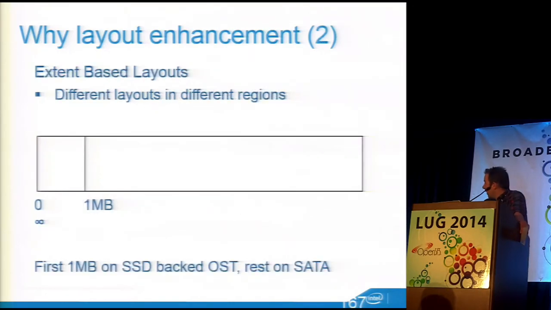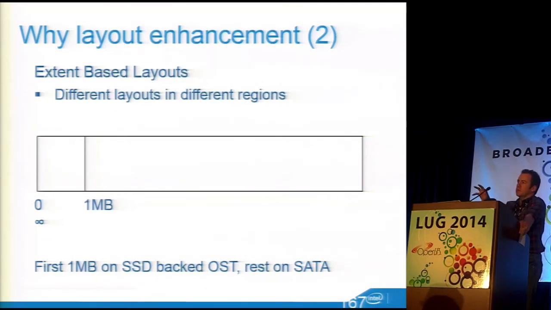It also allows us to do something called extent-based layouts. So we could have different layouts and different object sets for different regions of the file. So you have the first megabyte on SSDs, and you have the rest of the file on larger spinning disks, say, if you want it, or however you'd like to do it.